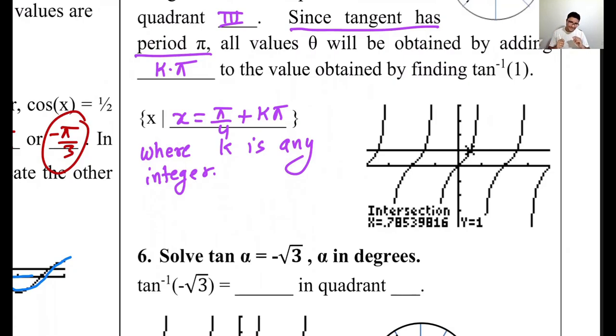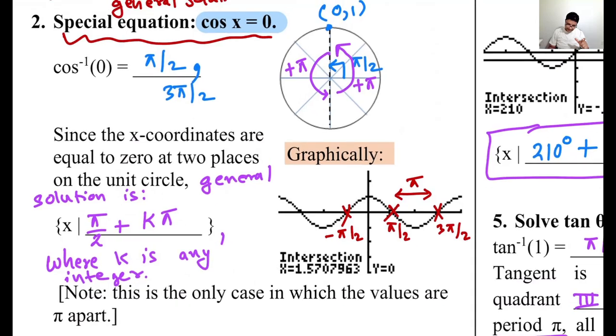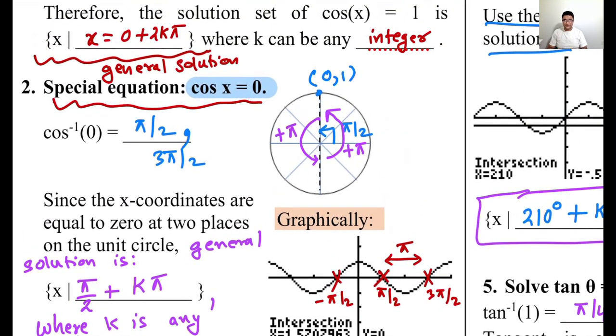The difference is, for the cosine, that was the special angle. There is only one angle where that is true, which is 90 degrees. Okay, when the angles are exactly pi apart. You have to see the unit circle. Okay, here, at 0, 1 and 0, minus 1, the cosine has the same value, 0, and the angles are pi apart, differ by 180 degrees.